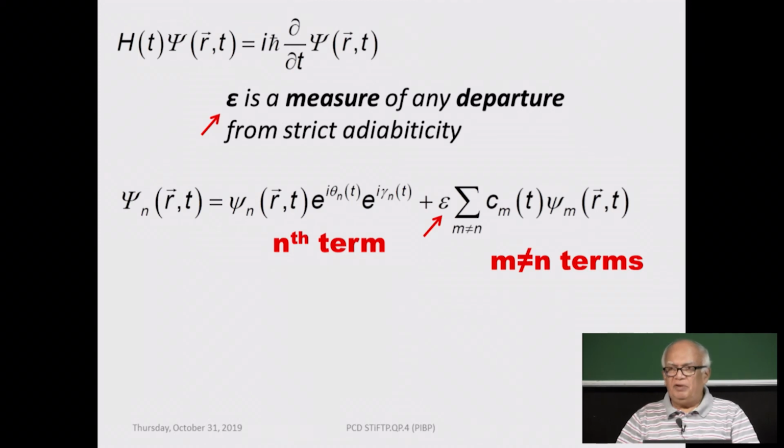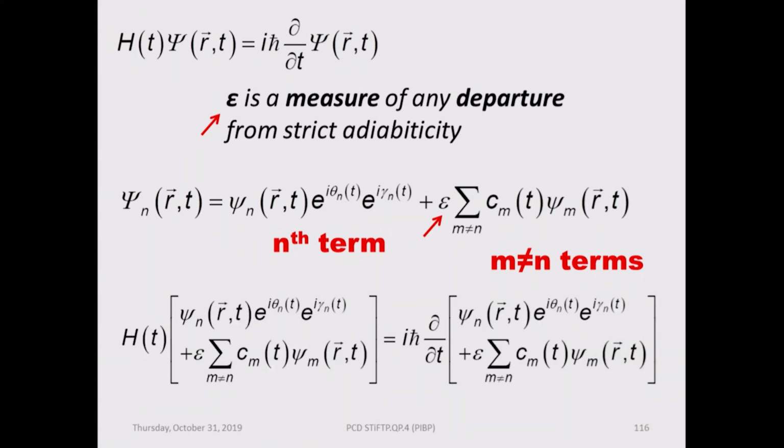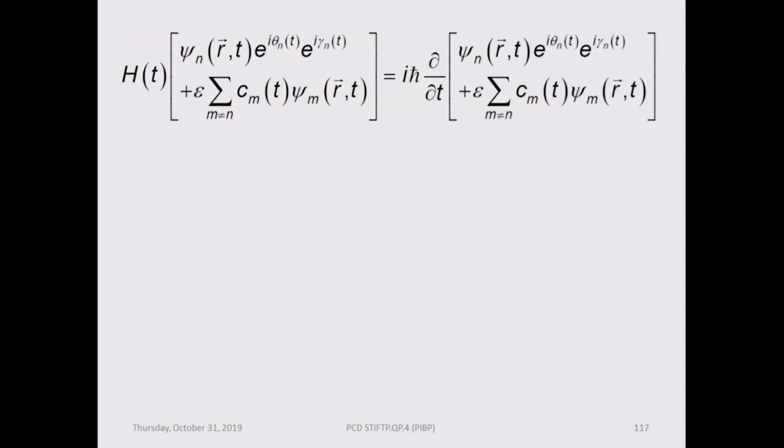So the wave function will be given by this, and it is this wave function which you must insert in the original Schrodinger equation. So H operating on this full wave function equals i h cross times the time derivative of that full function. Okay. So let us carry out this analysis on the next slide.